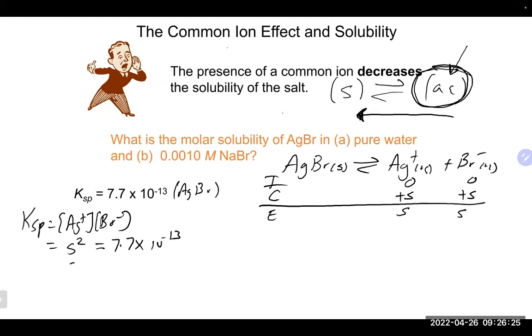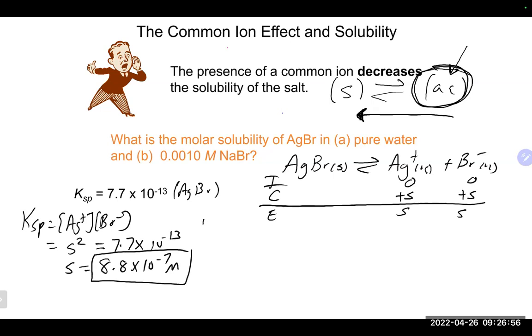Taking the square root gives us a solubility of 8.8 times 10 to the minus 7 molar. That would be the molar solubility of silver bromide in water. Any question on that calculation? Pretty much the same calculation we've been doing.